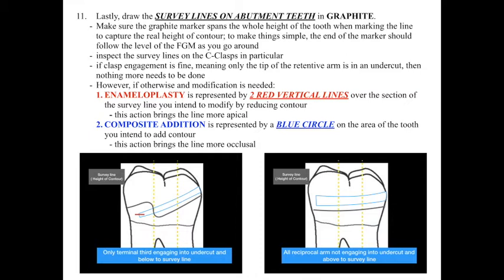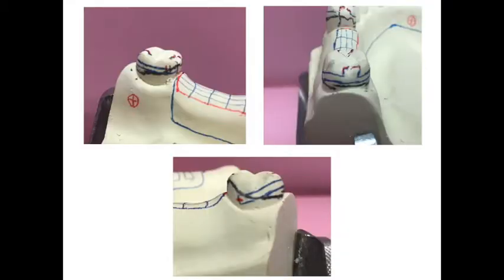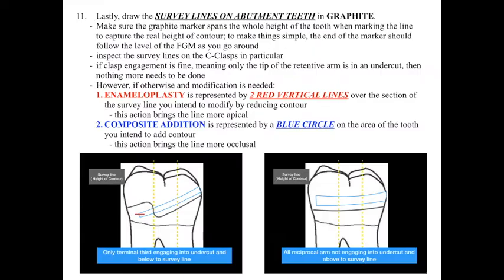Then you draw your survey line. In the end, you should have all the survey lines on the abutment teeth. And when you do your survey line, if you need to do a modification, you have 2 ways.